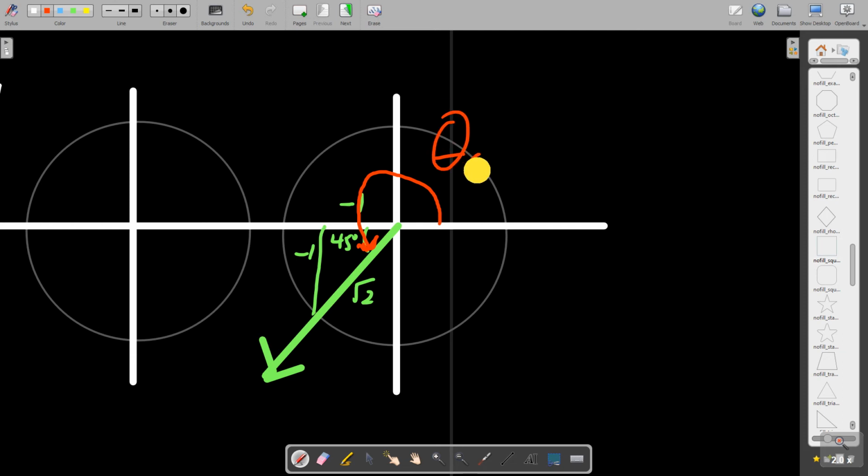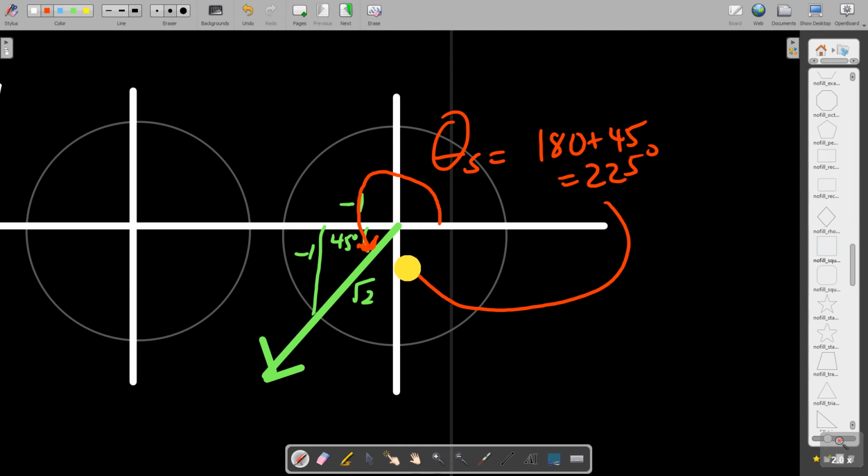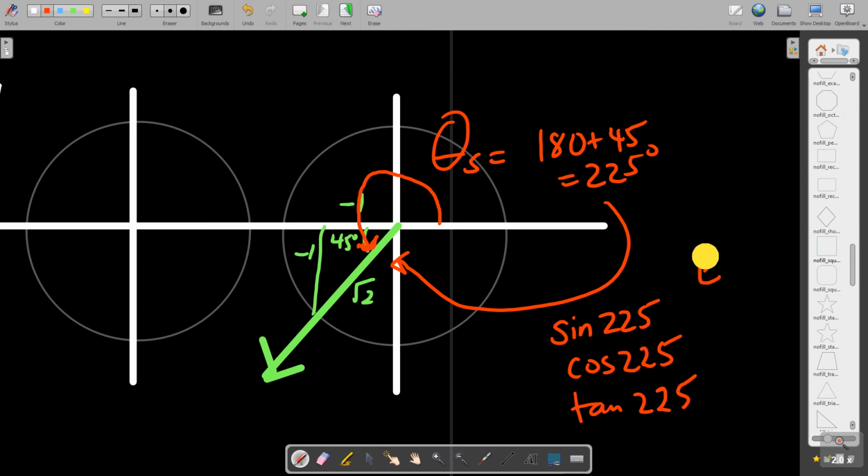Also, if we had the standard position angle such that we got 180 plus 45 is equal to 225, we can figure out all the trig ratios now of 225, like sine of 225, or cosine of 225, or tangent of 225, with their exact values, because they have the same special reference triangle.